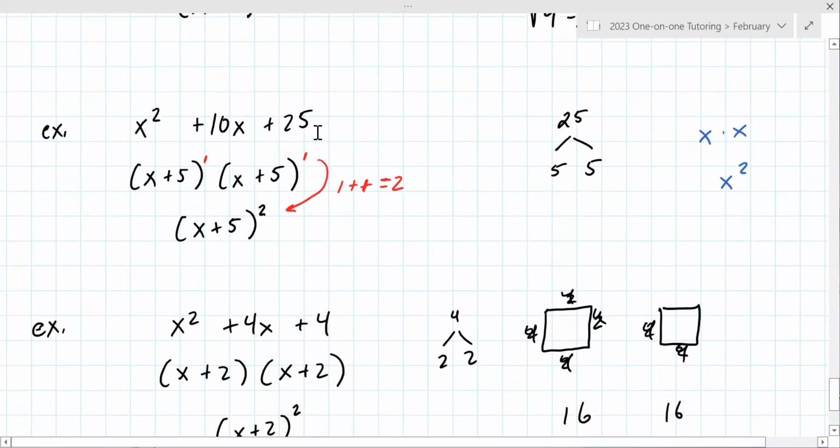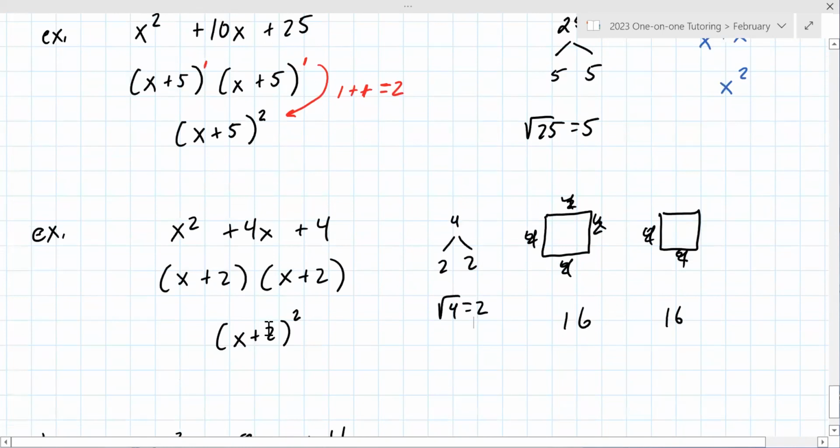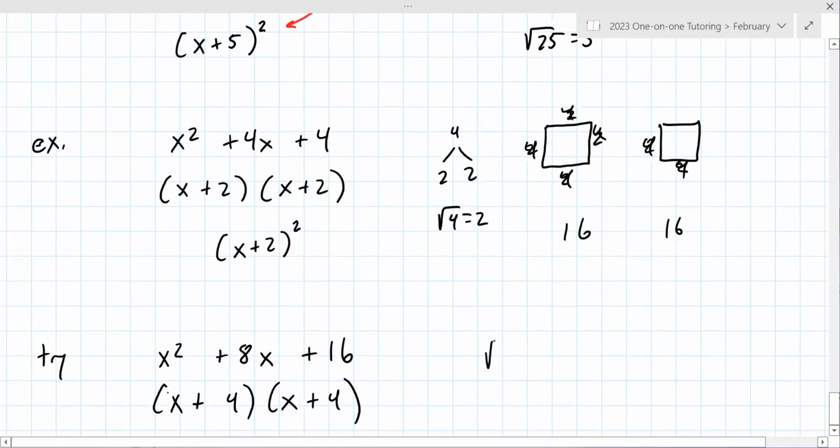The square root of 25 is 5. The square root of 4 is 2, so there's a 2 in our answers. Square root of 16 is 4. Would you always be finding the square root with these? Yes. That's why they're called perfect square trinomials.